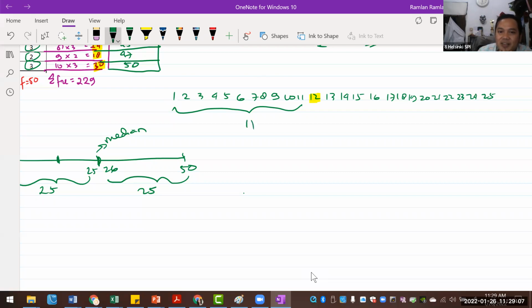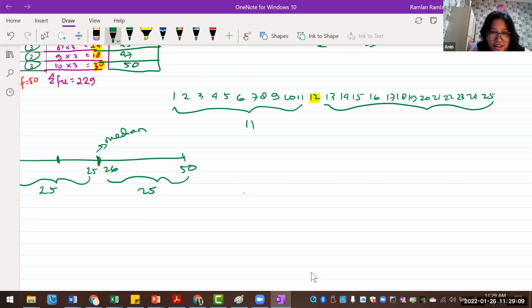Iya 11. Oke, kalau sebelah kanan ada berapa banyak? Jadi 13. Berapa? 13 ya? 6, 7, 8, 13 ya? Berarti nggak imbang dong. Kan harus sama kalau kita split bagi 2.